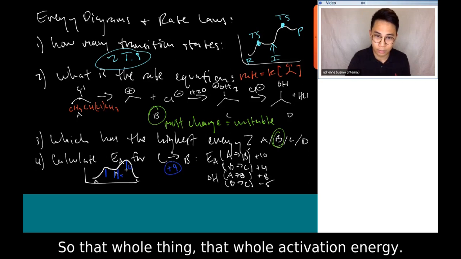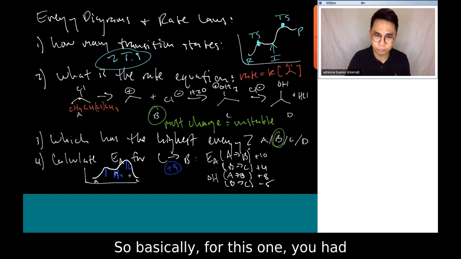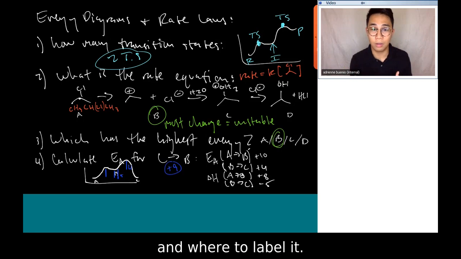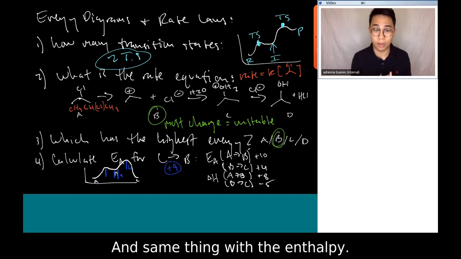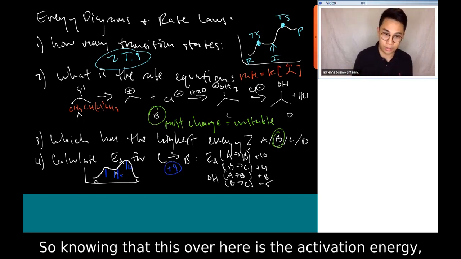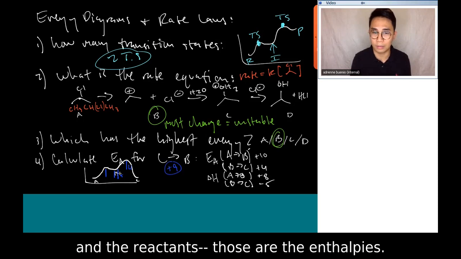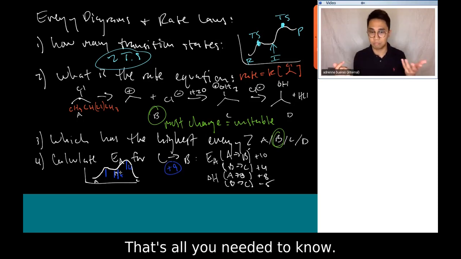So you had to know what the activation energy was and where to label it, and same thing with the enthalpy. Knowing that this over here is the activation energy, and this over here is activation energy, and the intermediate and the products, the intermediate and the reactants, those are the enthalpies. That's all you needed to know, right?